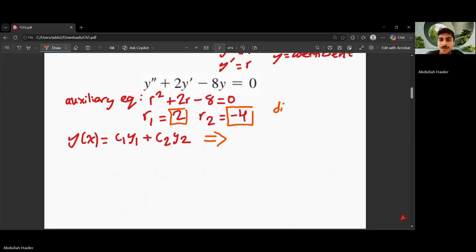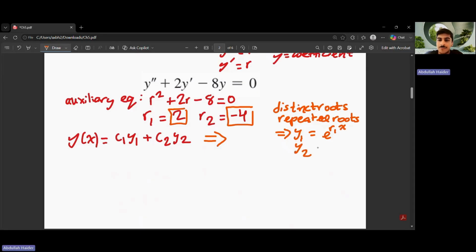When we have distinct roots and when we have repeated roots, we take y1 as e power r1x and y2 is equal to e power r2x.